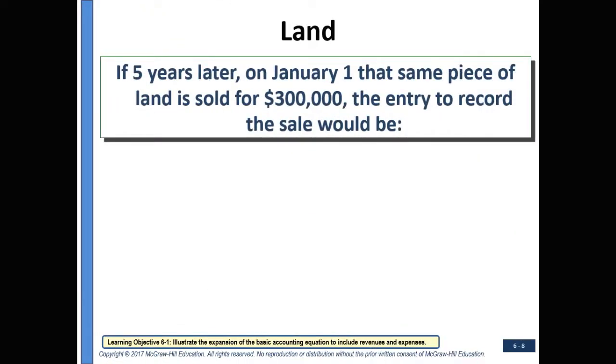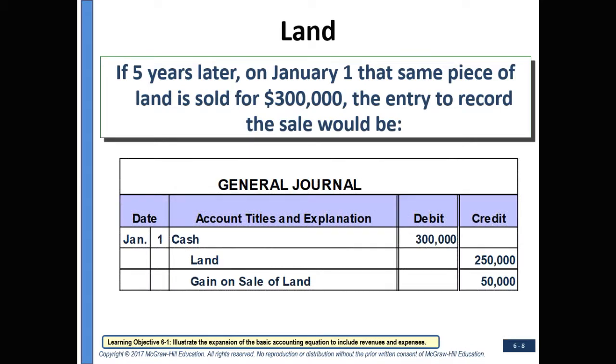Now, if 5 years later, on January 1st, that same piece of land is then sold for $300,000, the entry to record the sale would be an increase in cash of $300,000.